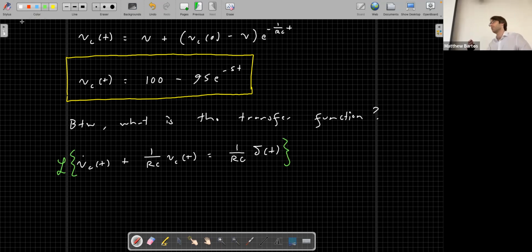In general, when you are looking at the transfer function of the system, you ignore the initial conditions and just look at what the response would be to an impulsive input, assuming no initial conditions. So this would become s times Vc of s plus 1 over RC Vc of s is equal to, what does this last term become?